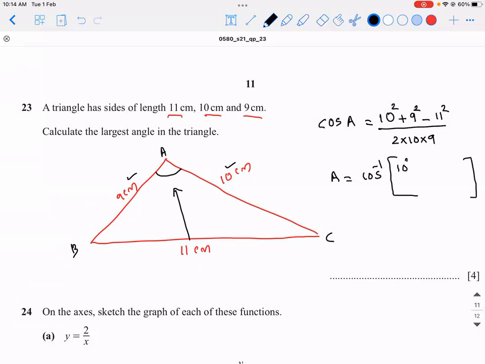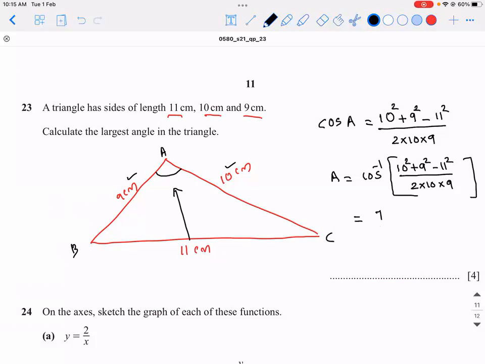What is this answer? 10 squared plus 9 squared minus 11 squared, divided by 2 multiplied by 10 multiplied by 9. Could you please input these values and tell me the answer? Then we will take the cos inverse of this answer.